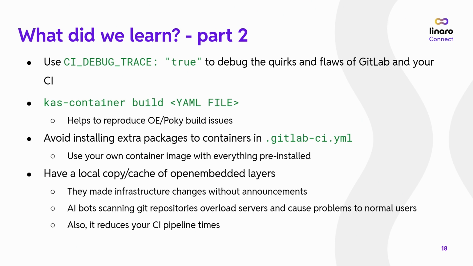We also changed from the repo tool to using kas tools. One of the good features from kas is to use the kas container, because it can replicate the same build configuration between boards and between environments, and also you can avoid installing everything by putting everything in a container image.